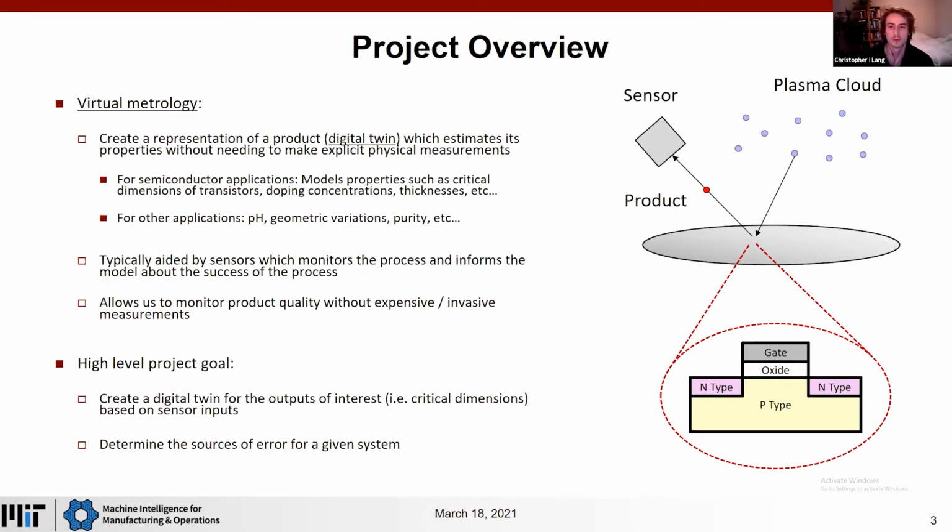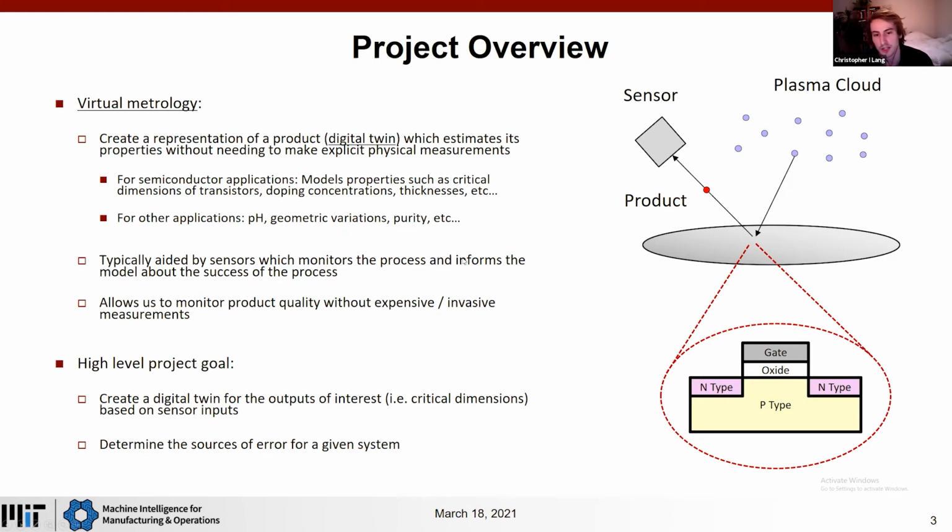So the goal of virtual metrology is to create a representation of some product or key properties of it without needing to take explicit measurements. This term is mostly used in the semiconductor industry, although there are probably analogies in other industries. For us, we may want to model things like thicknesses or geometric variations of our devices, or the doping concentration of those devices.